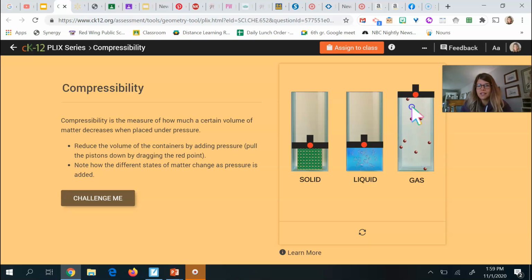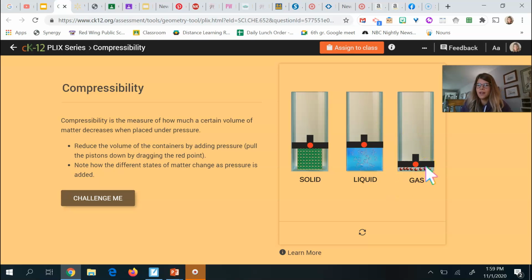Now take a look at these gas particles. Very spread out. Right now they're filling the volume of the container, and as I decrease the volume of the container, you can see that the gas particles are being compressed. Okay, and that's what's happening in compressed air tanks.